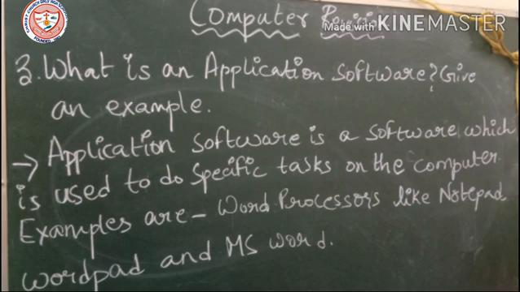Examples are word processors like Notepad, WordPad and MS Word. In your book many other examples are given. If you want you can write that also. I have just given one example.